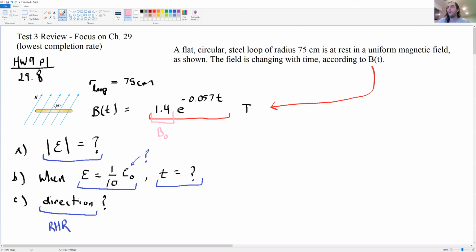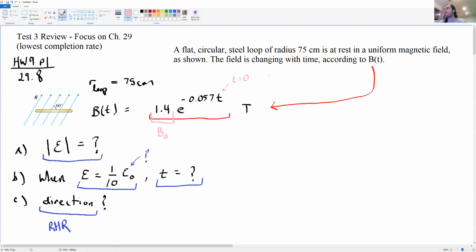So ask yourself, what value of the magnetic field would I get if I plugged in t equals 0 here? What's that exponential going to be? Well, we have e to something times 0, so it's e to the 0. Any number to 0 is going to be 1. And so we see 1.4 teslas there. That's the initial value of the magnetic field.